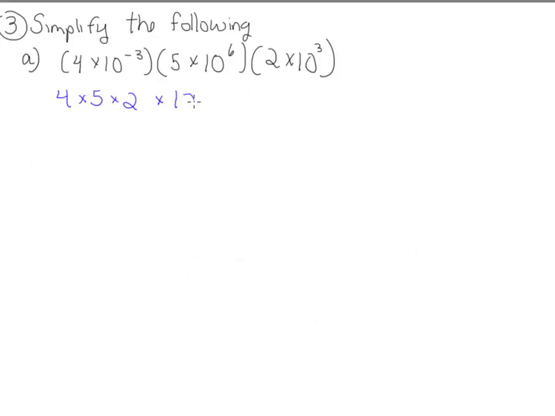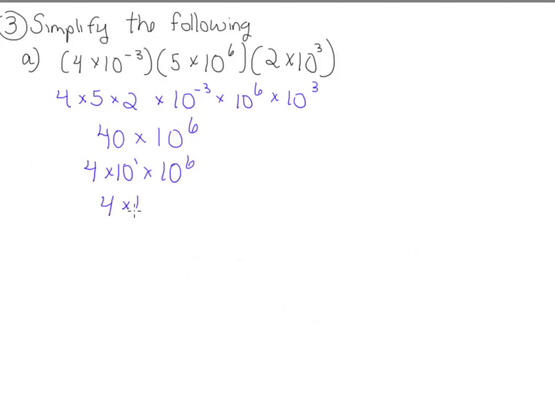So the 4, the 5, and the 2 will be multiplied, and then the 10s raised to their degrees. 4 times 5 times 2 should be 40. Now I have the same base of 10, so I add my exponents for a total of 6. But this is not in correct scientific notation, so I rewrite 40 as 4 times 10 to the 1st degree. And again, combine my like terms to get 4 times 10 to the 7th.